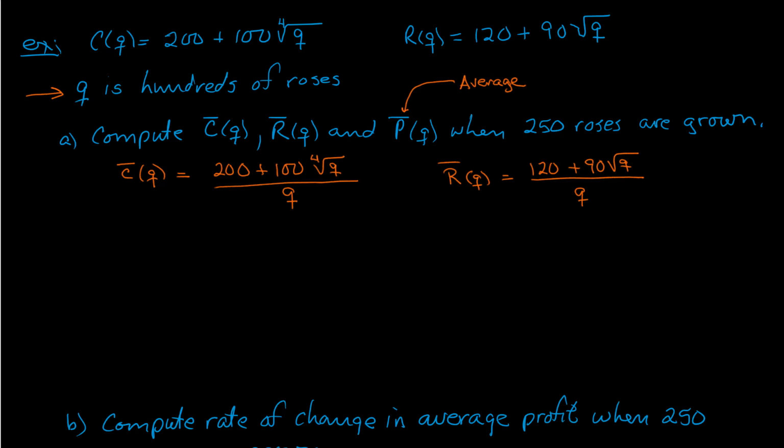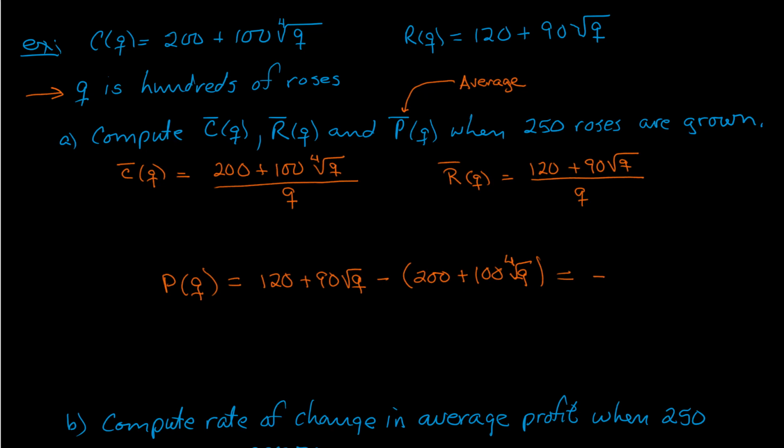For the profit function, okay, I'm eventually going for the average profit, but for right now, I'm going to do profit, which is revenue, 120 plus 90 square root of Q, minus the cost, 200 plus 100 times the fourth root of Q. Okay, so we have 120 minus 200.